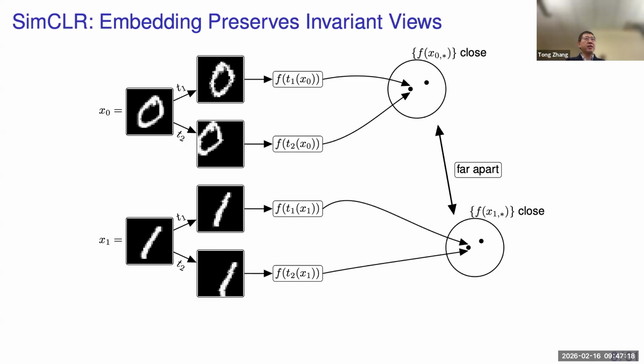That's basically the idea. Once you implement this loss function with a slightly different trick, which we'll come back to, you are able to do representation learning.